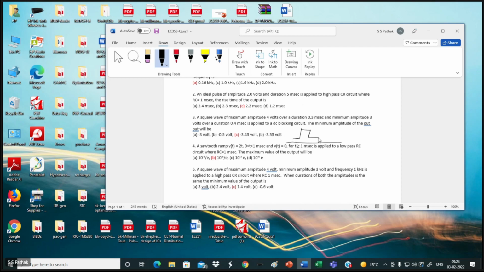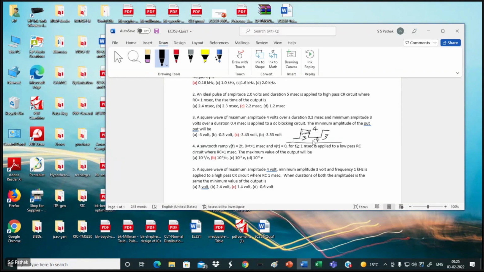Accordingly we need to design our antenna array at the receiver end. This is my 4 volt and this is my 3 volt. The receiver output shows 0.3 millisecond at 4 volt and 0.4 millisecond at 3 volt.